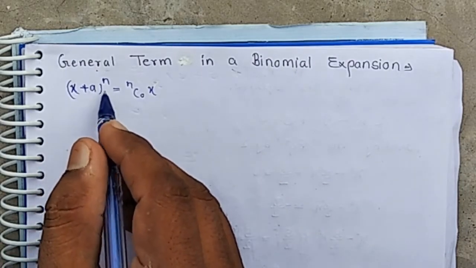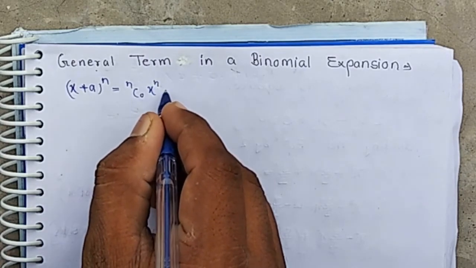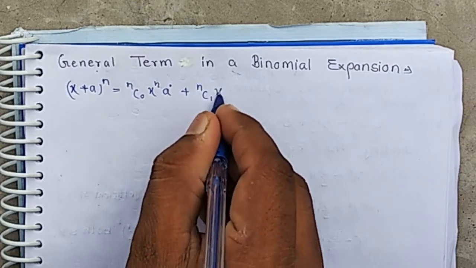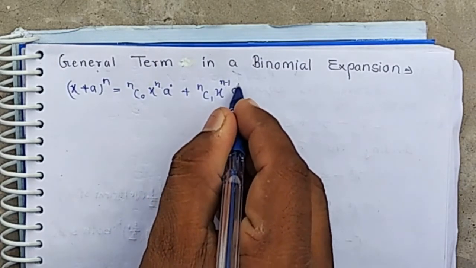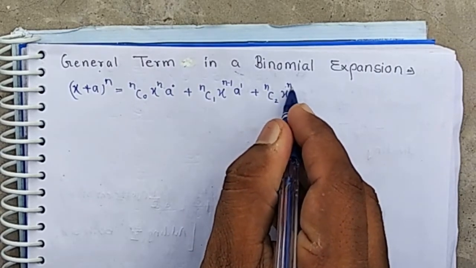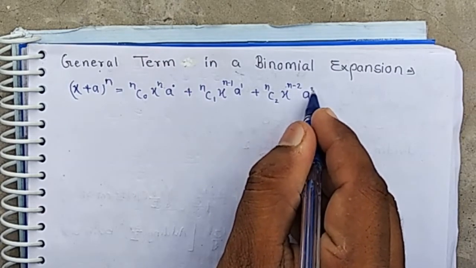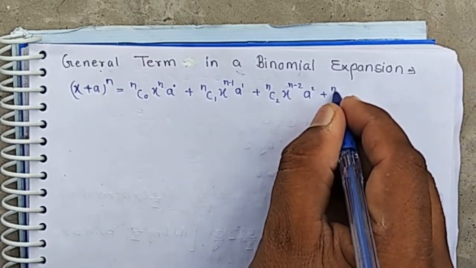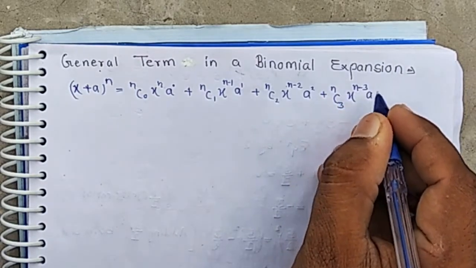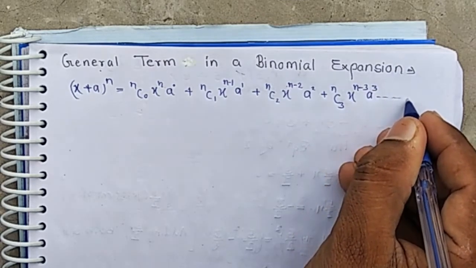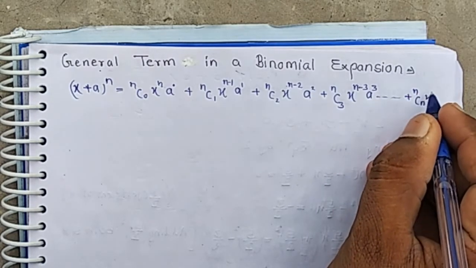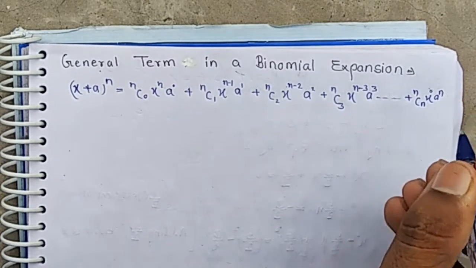We know that (x + a)^n = nC0 x^n a^0 + nC1 x^(n-1) a^1 + nC2 x^(n-2) a^2 + nC3 x^(n-3) a^3 and so on, up to nCn x^0 a^n.